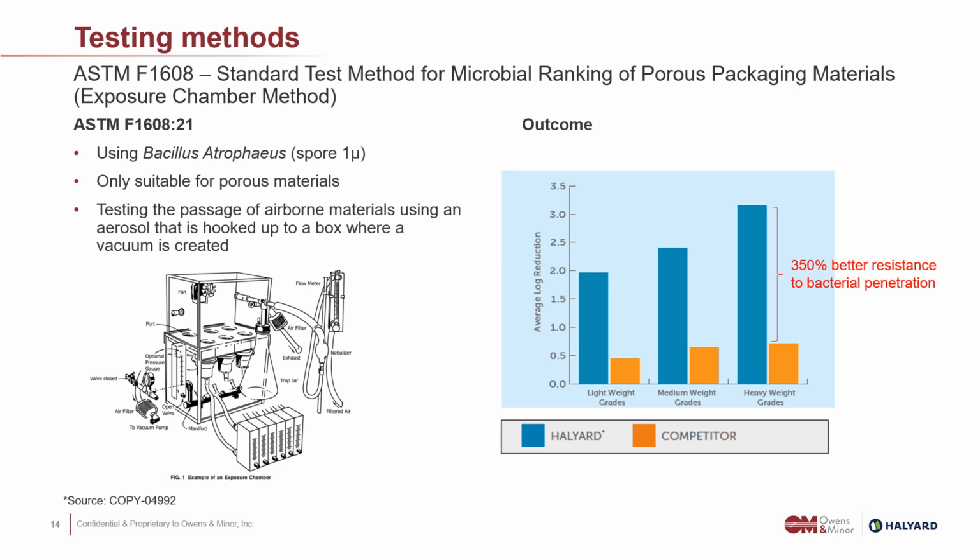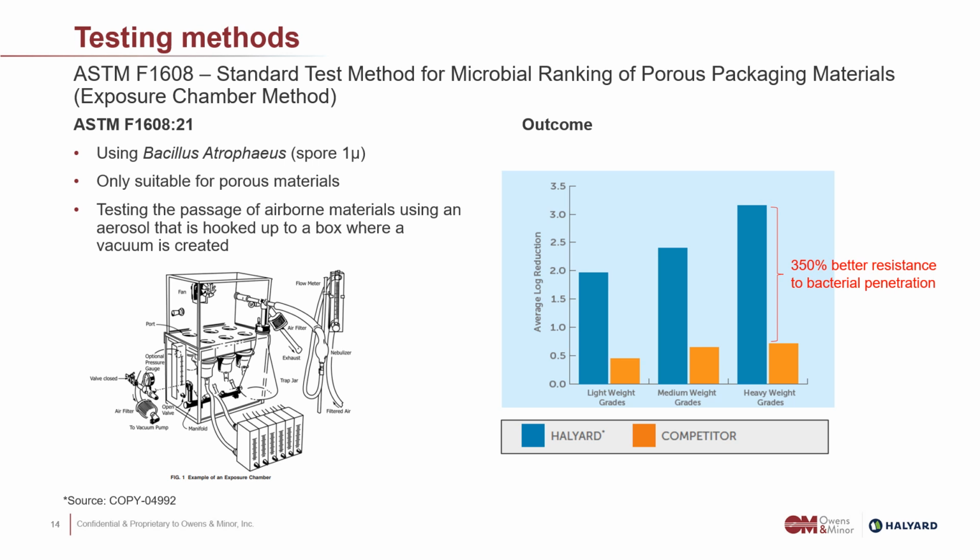They're clamped into that little room, and that chamber is hooked up to a vacuum box. So we're going to spray these spores on the test sample, and at the same time we're going to create a vacuum.